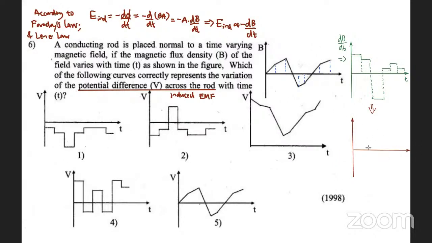So we have to make this graph negative. Induced EMF is the graph we are looking for, and that is equal to minus A dot dB over dt. A is constant, the conducting rod's area is constant, so dB over dt must be changed in the opposite way: everything I have plotted on the positive side I have to plot on the negative side, and everything in the negative side I have to plot on the positive side. So, people, which answer do you think is the most suitable one?